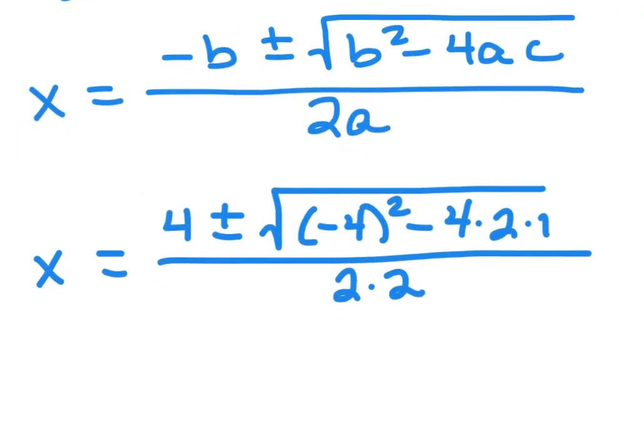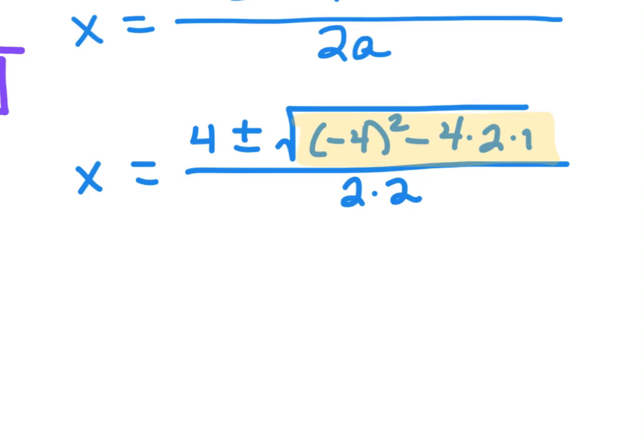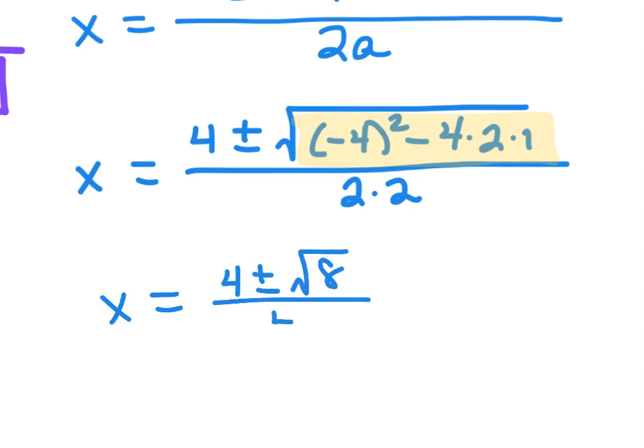And again, I would start by simplifying what's inside the radical and just type that exactly as is. Don't type the radical, just the stuff inside the radical into your calculator. 16 minus 4 times 2 times 1, and you get 8. So x equals 4 plus or minus radical 8 over 4, which you have to simplify the 8 to 2 radical 2.